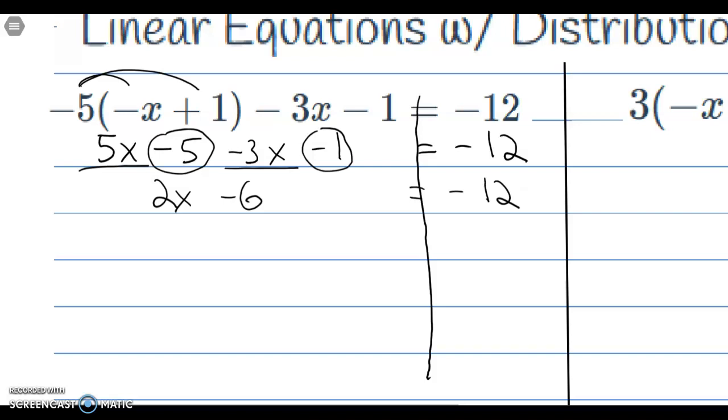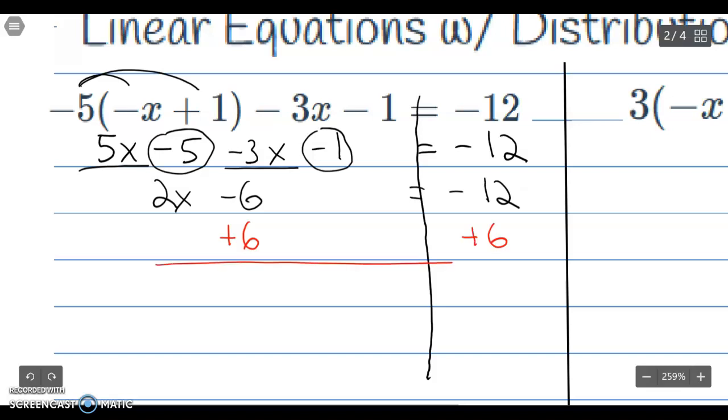Now you have just a regular two-step equation. We're going to do the opposite, which is add 6 on both sides. The 6s cancel out. Over here, you've got different signs, find the difference. So negative 12 plus a positive 6 is going to be negative 6. You get 6 and leave it negative because the 12 is bigger.